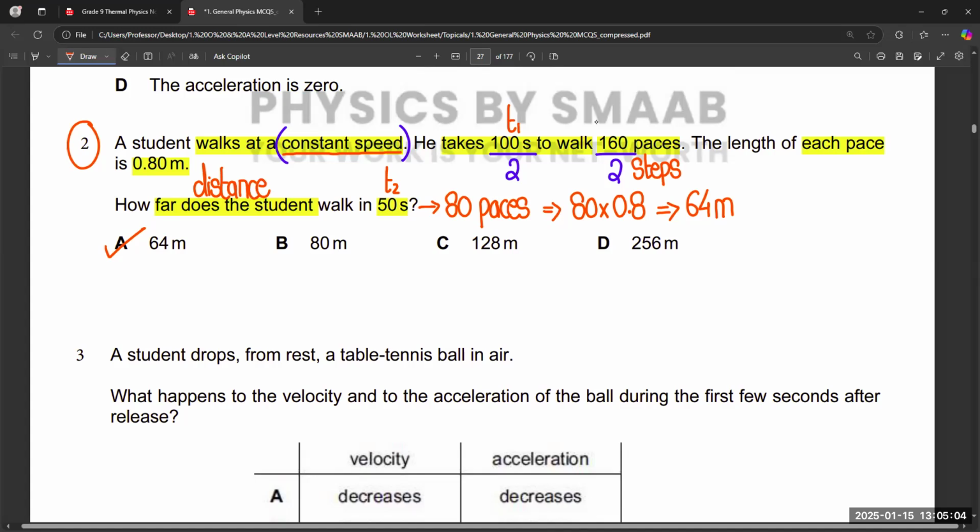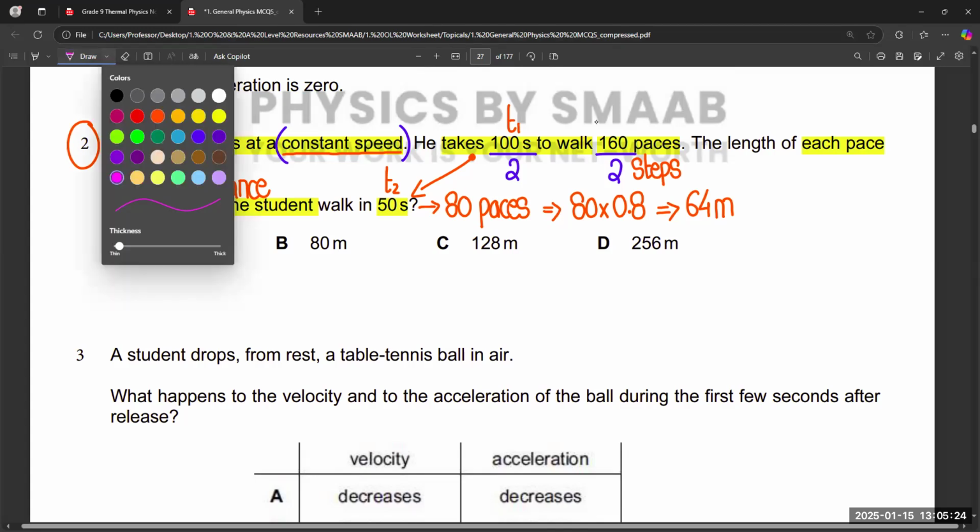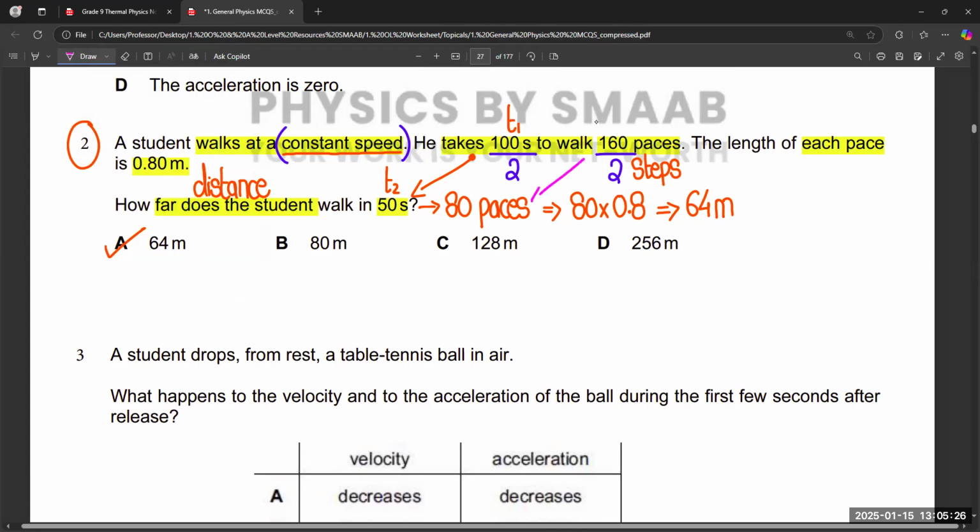From the question values, we identify that time decreases to half of its original value, right? Initially time is 100 and finally time is 50. So time decreases to half, so definitely paces also decrease to half, right?